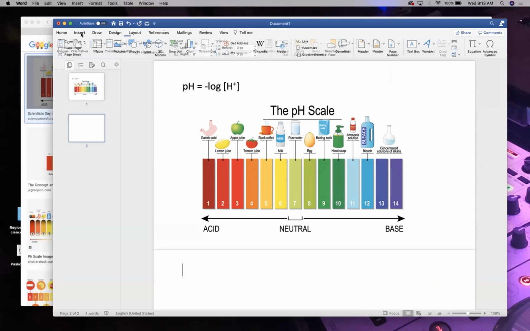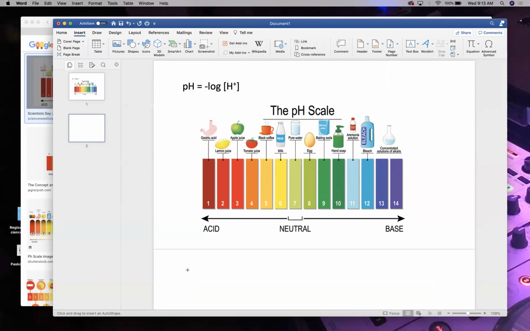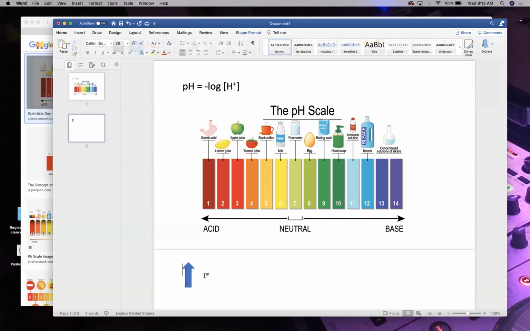So let me insert a shape. It's going to have lots of H plus, which is hydrogen ion. So that's what the pH scale really means.